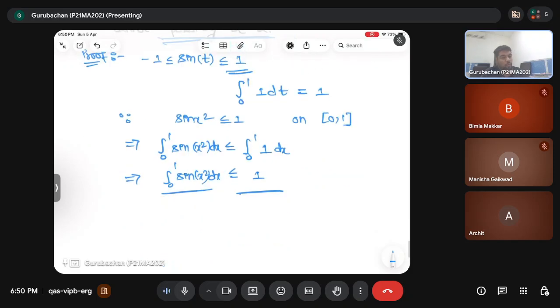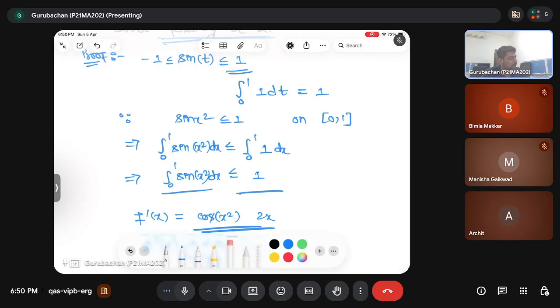If you need to calculate the precise maximum value, then you need to differentiate it, and that will be cos x square into 2x. Then you need to calculate the double derivative and also see its critical points, then see by the second derivative test whether it is negative or positive, and where it is not defined or 0, then you can guarantee the local minima and local maxima, and after putting the points you will get the absolute minima and absolute maxima. I think we have done it in previous classes. Yes, sir.